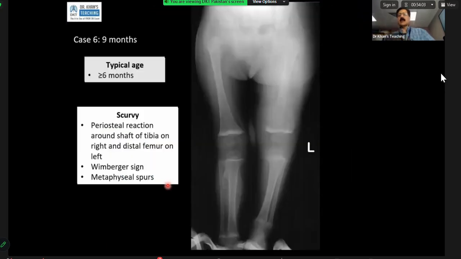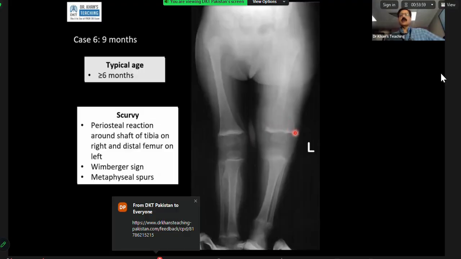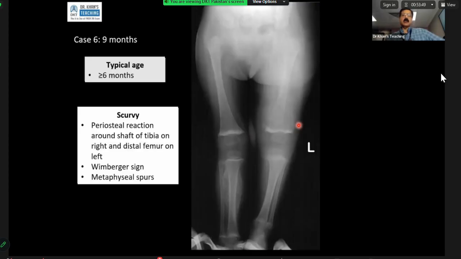So when that happens, and this is the type of case we are looking at in the exam, first of all, please remember that scurvy cannot happen before 6 months of age, because the ascorbic acid from the maternal blood goes into the fetus. So the first 6 months are fine. Then it can occur.